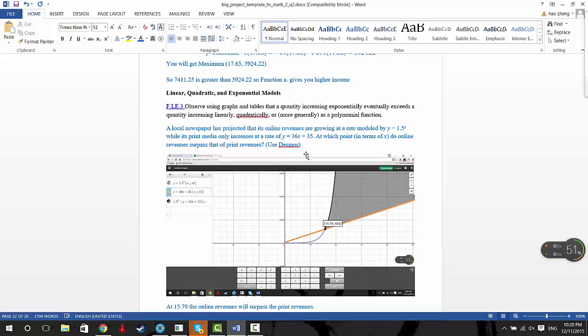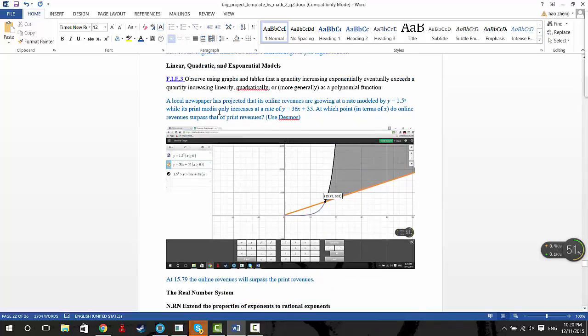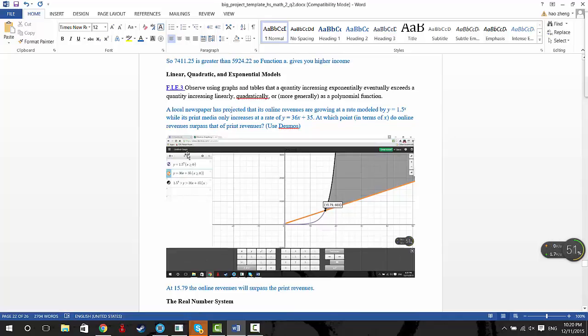At which point in terms of x do online revenues surpass that of print revenues? Use decimals. Of course we're going to use decimals. It's really hard. You see the functions here, you put in decimals and do all the editing here. Here is the equation of the print media, and here is the growing rate of this thing.